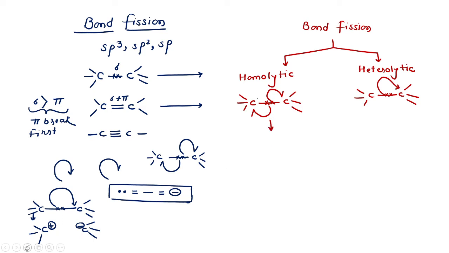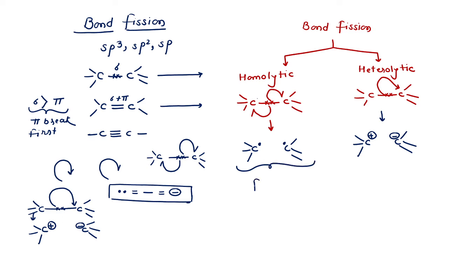When homolytic fission takes place with equal distribution, both carbons will get one electron each, and this carbon will get a positive charge, as I have told you. And please see, you should understand the flow of electrons. So homolytic fission gives species with one electron each. It is known as free radicals.